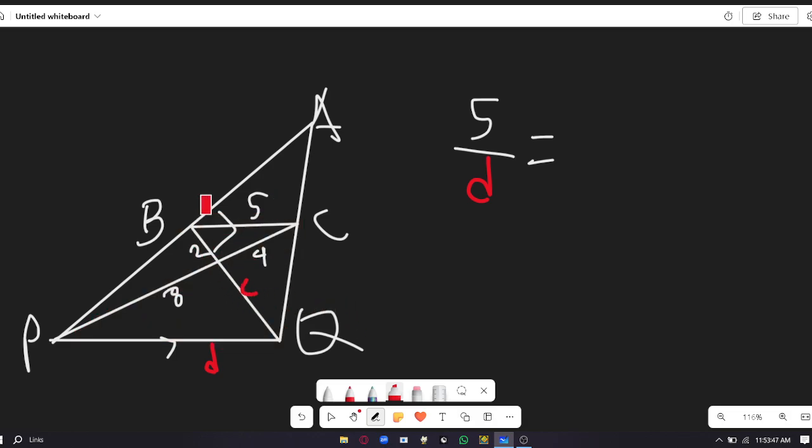So if these triangles are similar, what information do we know from this? We know this opposite angle side ratio.